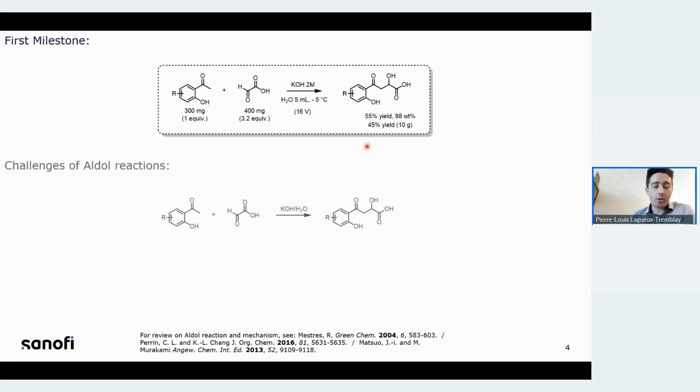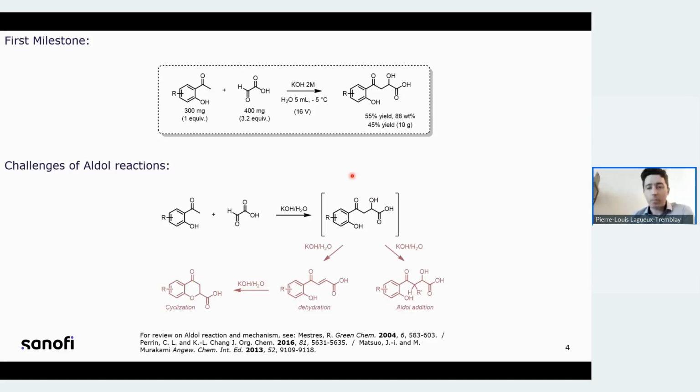So why are those Aldol reactions challenging? Well, in this case, when you see this product of the transformation, there's already something you can tell yourself: maybe this alpha-hydroxy group starts to be very labile in the structure.